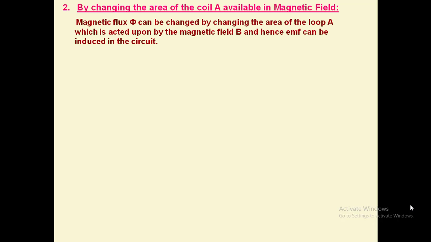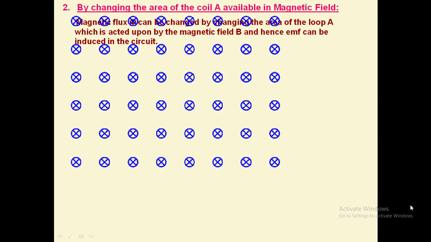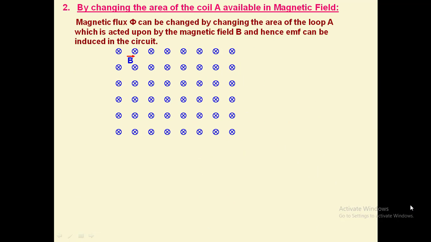Two, by changing the area of the coil available in magnetic field. Magnetic flux phi can be changed by changing the area of the loop A, which is acted upon by the magnetic field, and hence EMF can be induced in the circuit. Now you can see I have taken a magnetic field.